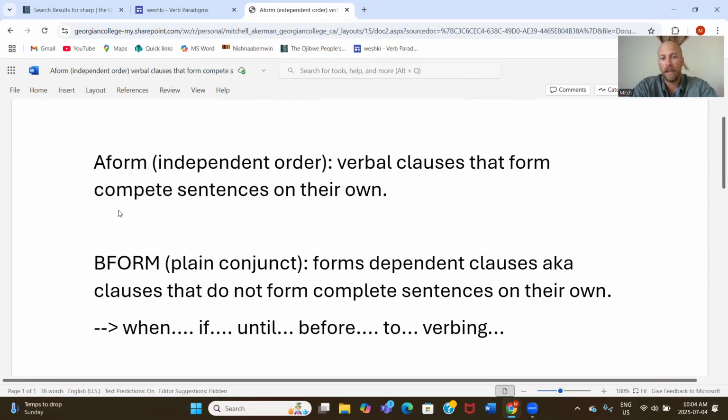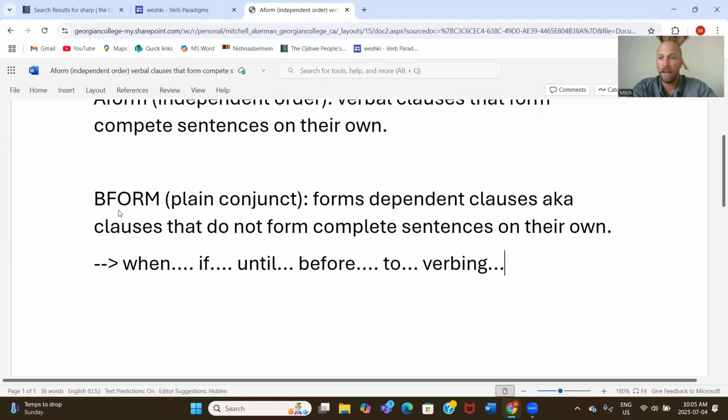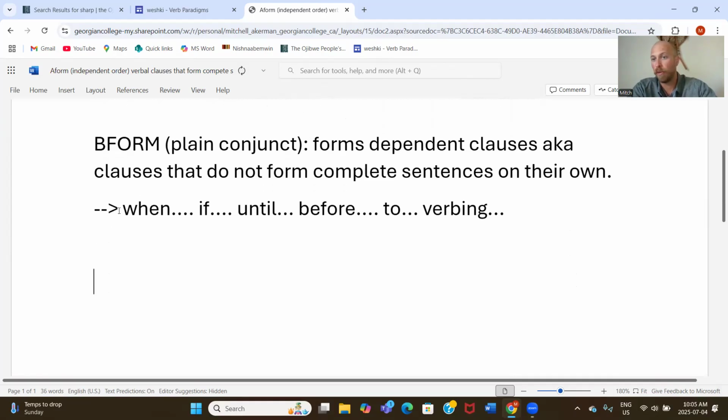Like, I'm working today, finishing up building a deck. Finishing up is B form. I'm working today, A form, finishing up a deck, B form. Okay, so that's the type of thing B form does. It makes those dependent clauses that don't form complete sentences on their own.